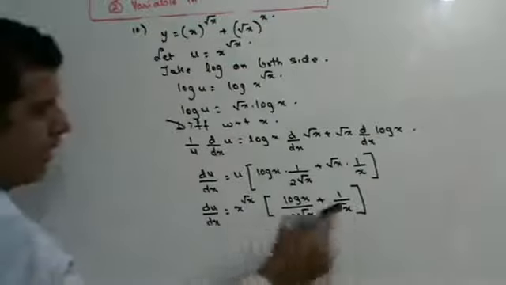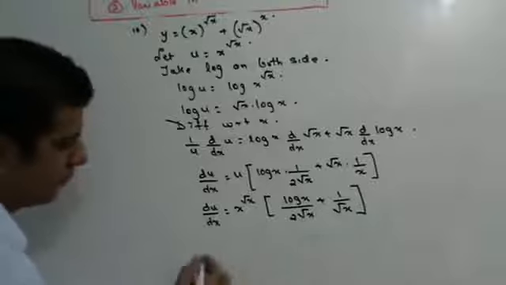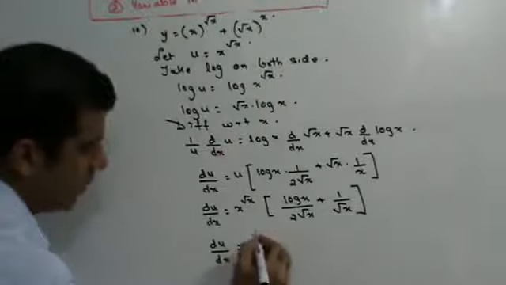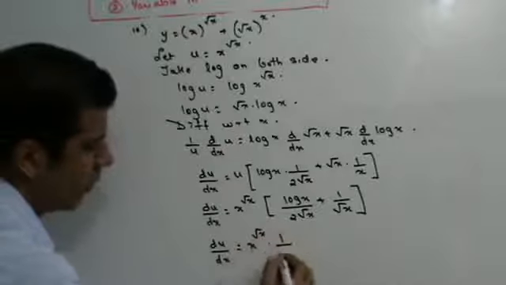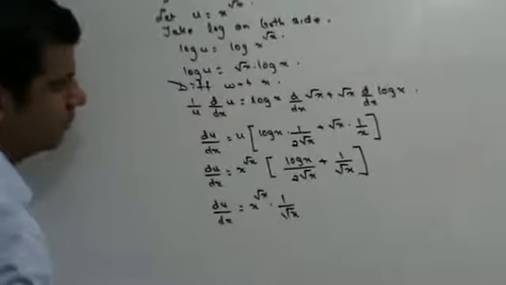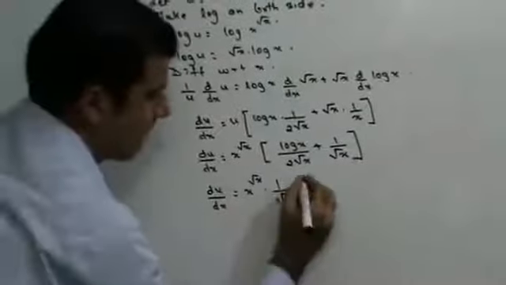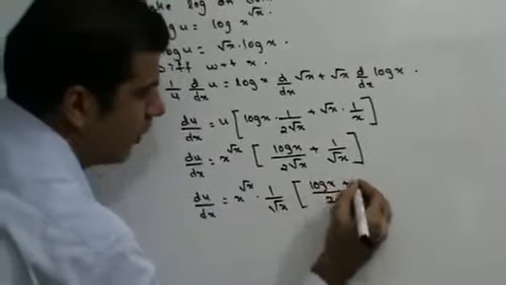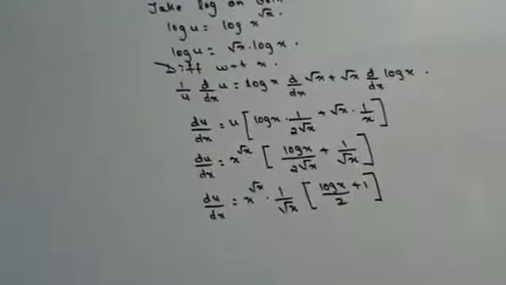Fine. I could take 1 upon root x common, so you will get du by dx is x raised to root x, 1 upon root x common. This is log x upon 2 plus 1, right?